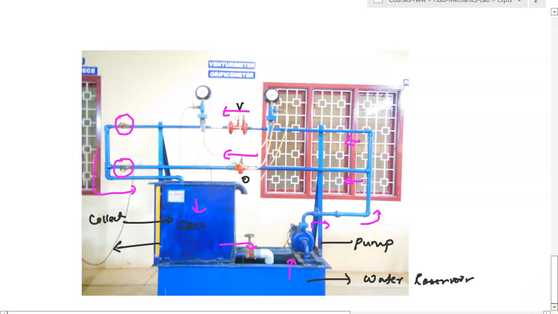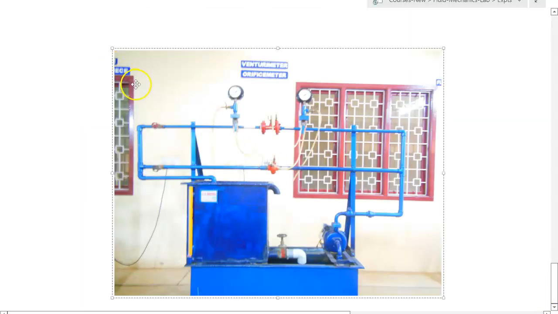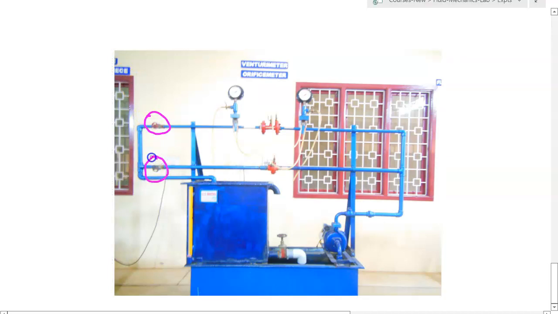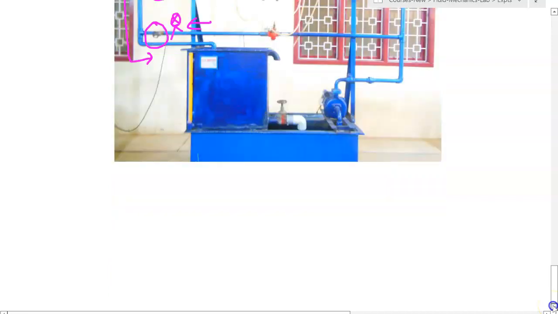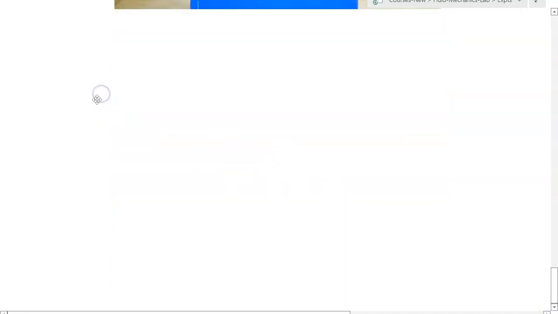Now you can see that there are two valves on this line, this one and this one. If you are doing the experiment with the Venturi-meter, then this valve should be closed, so that water does not flow here. It only flows through the circuit of the Venturi-meter. So if you are doing the experiment with the Venturi-meter, the valve on the orifice side should be closed.